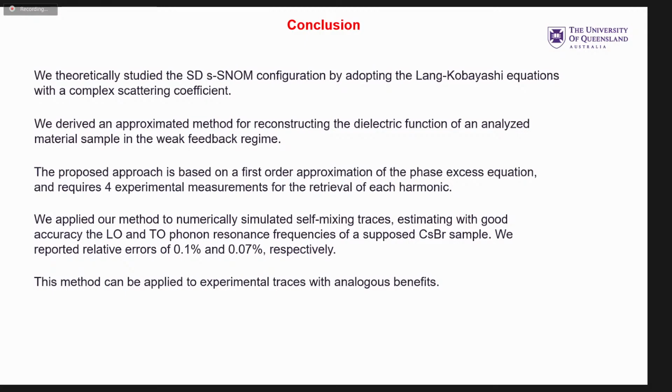If we have a structure composed of two materials, we can map a contrast. And we tested this method in a paper in APL Photonics of two years ago, to analyze some gold structures.